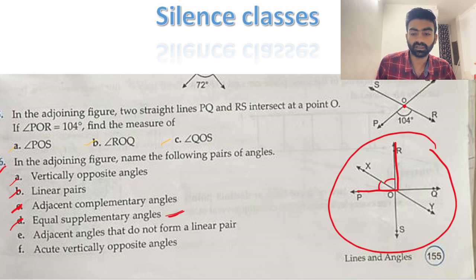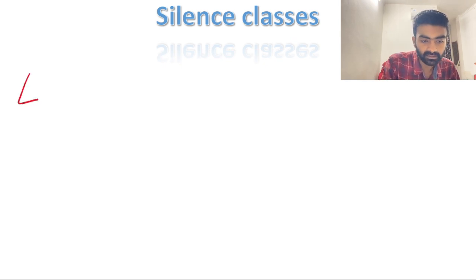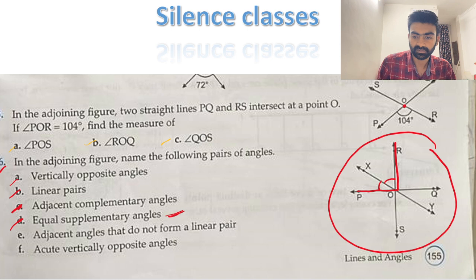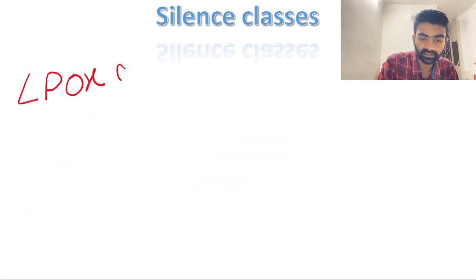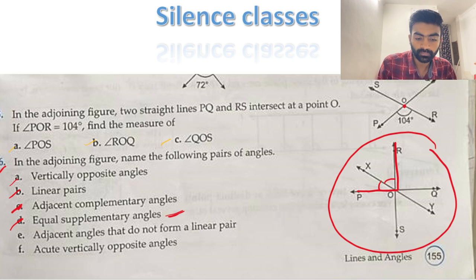But it is an adjacent angle. So we can write it down: angle POX and angle XOR are two adjacent angles that are not forming a linear pair.